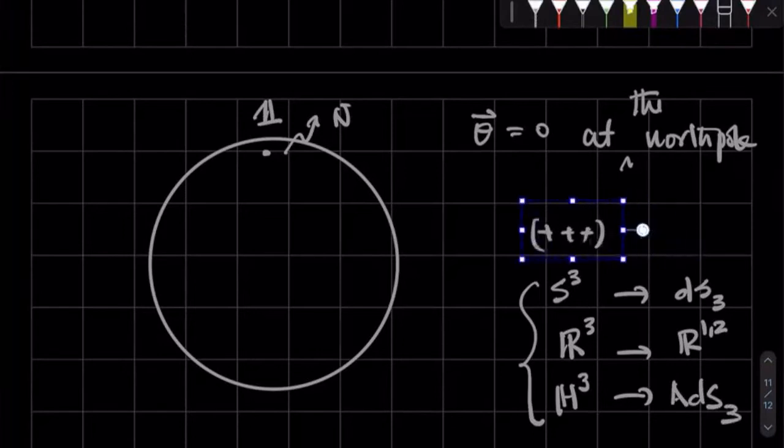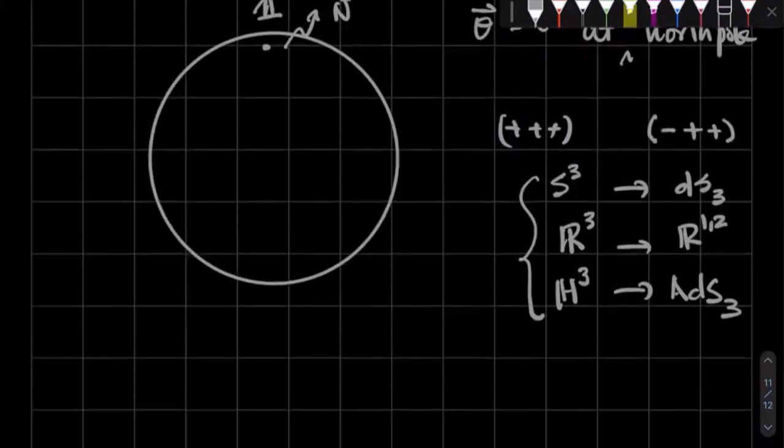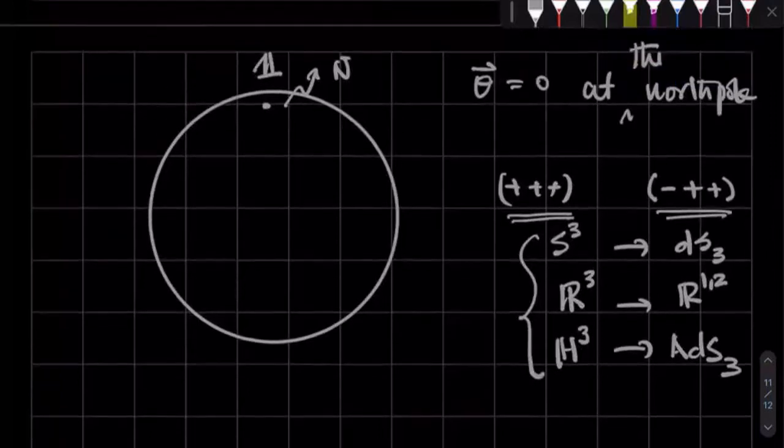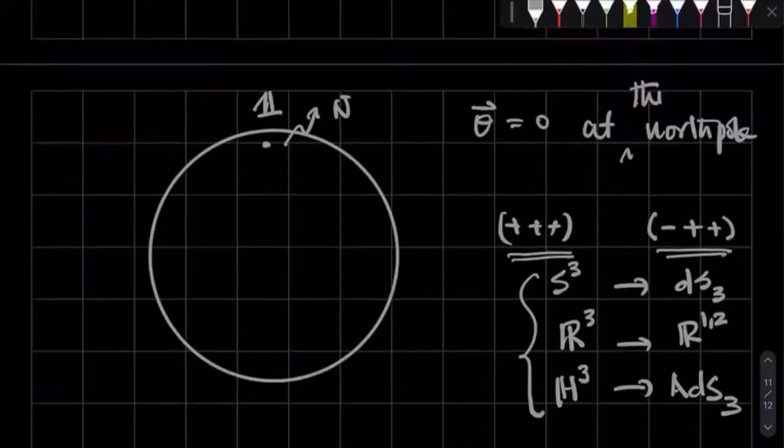So this would be the signature of these, and the signature of these would be like this. What is signature? Signature means that there is a metric tensor whose signs on the diagonal are like this and like this. Okay, so let's get back to thinking of the geometry.